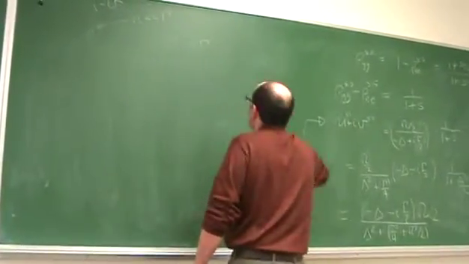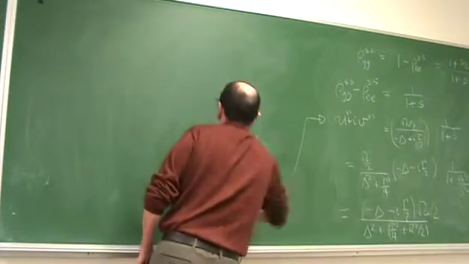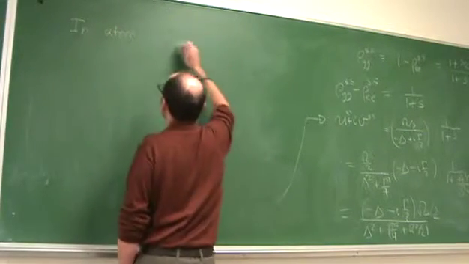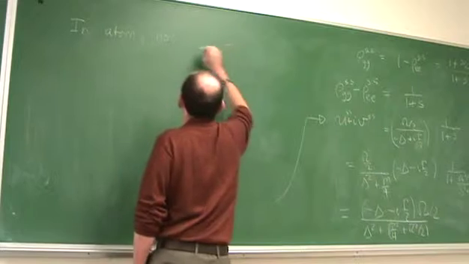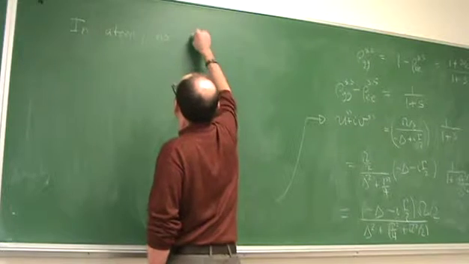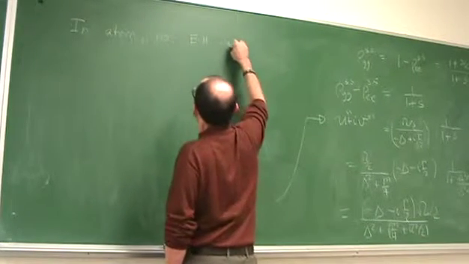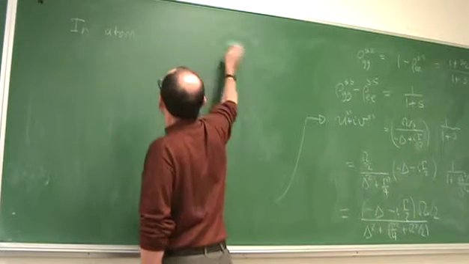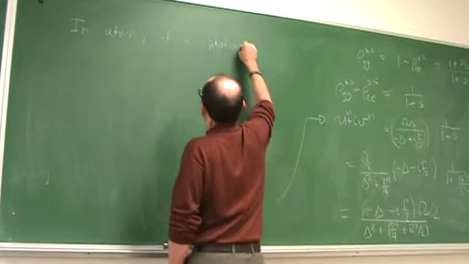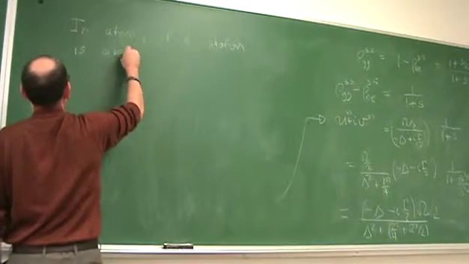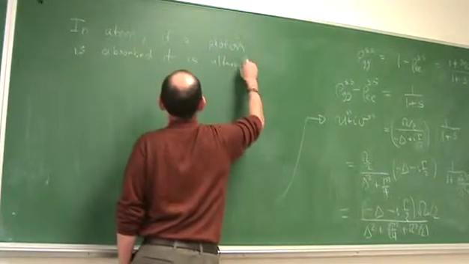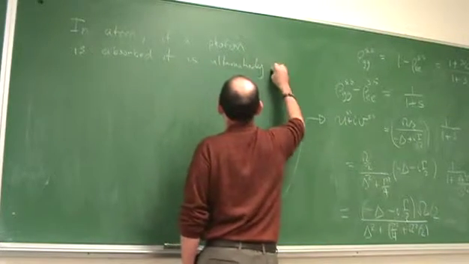So, in a two-level atom, or in an atom, if a photon of electromagnetic energy is absorbed, it is ultimately emitted.